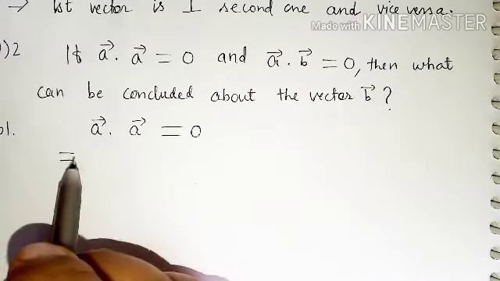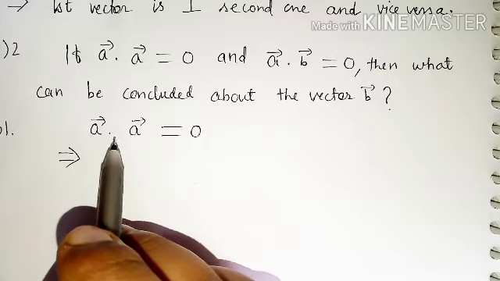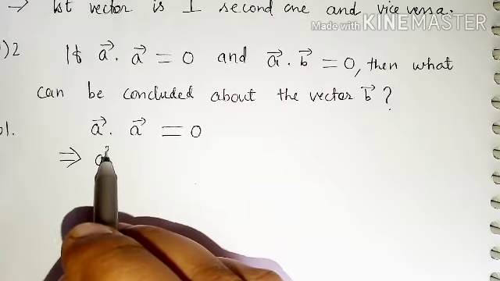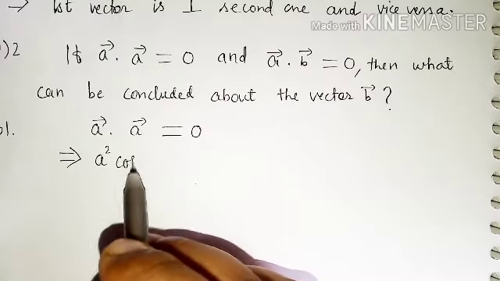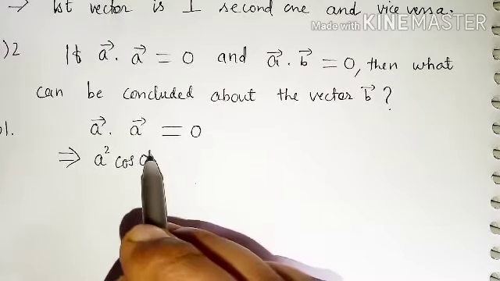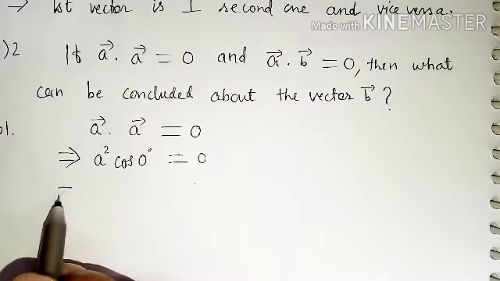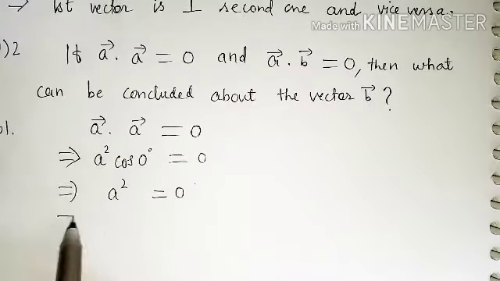This implies that A into A cos theta is equal to 0, that is A square. Here theta is 0 degree, cos 0 degree is 1, so A square is 0, implies that A is equal to 0.